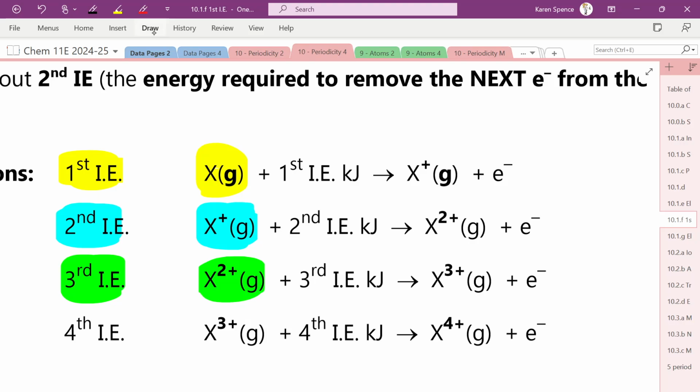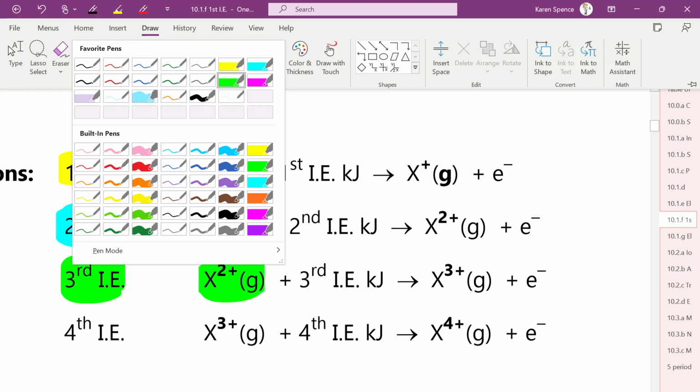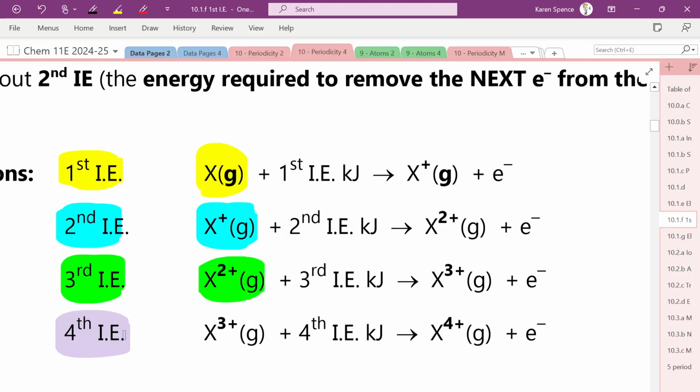And when we get to our fourth, we're starting with a +3 and we get to a +4. You could carry on with the fifth and sixth and seventh, but you don't need to. You get the general idea of the pattern.